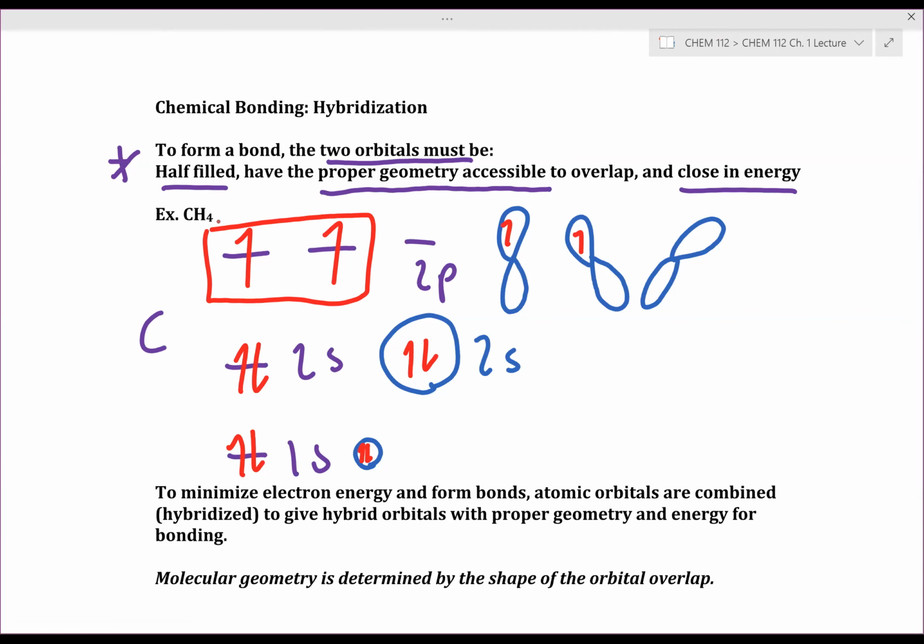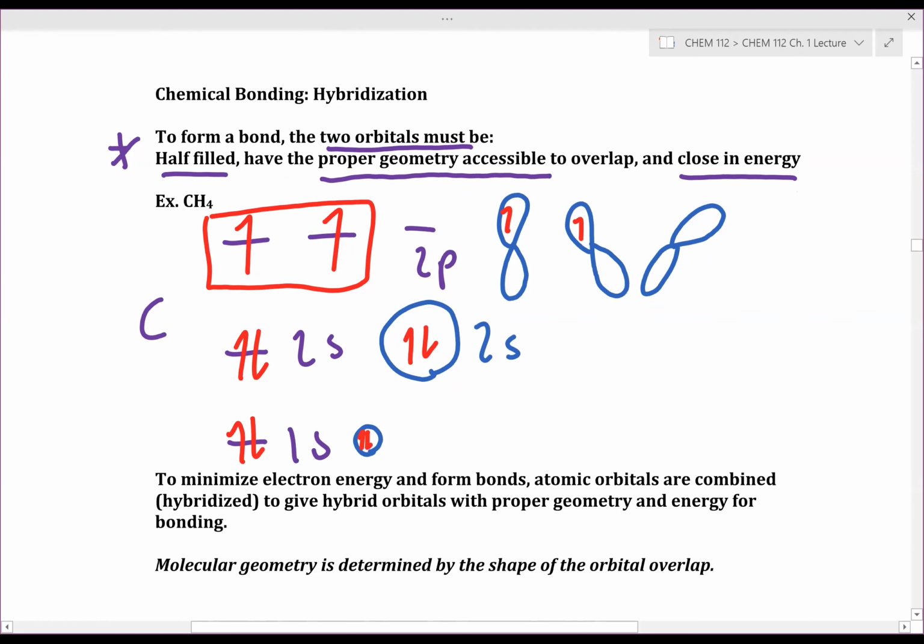And the way that carbon goes about forming multiple bonds is by taking its atomic orbitals and generating orbitals that have the correct shape, energy, and number of electrons for efficient bonding. And we call this hybridization. Now, what is hybridization?